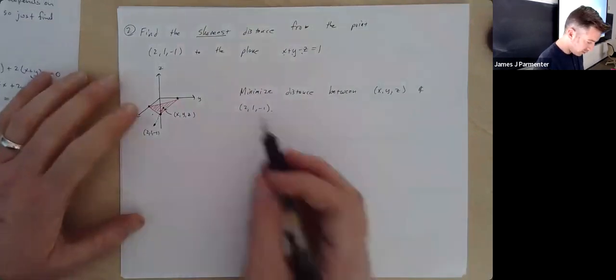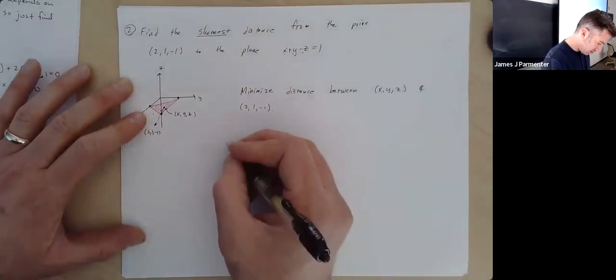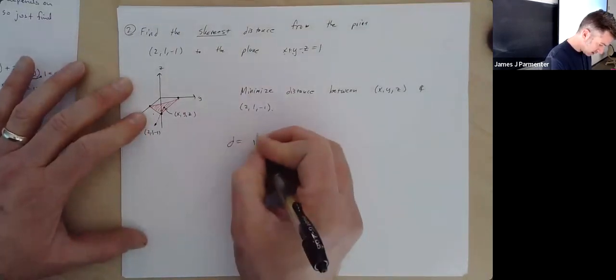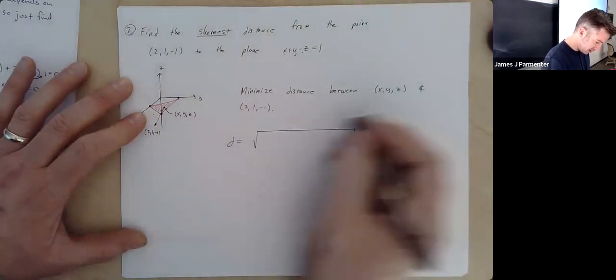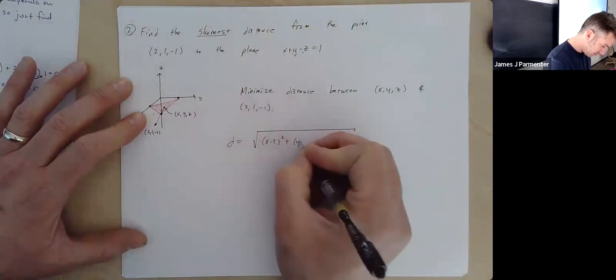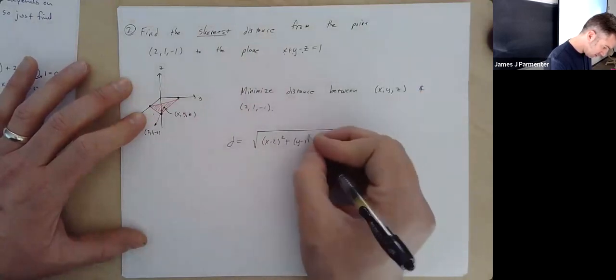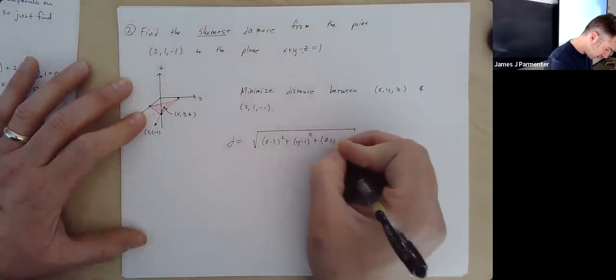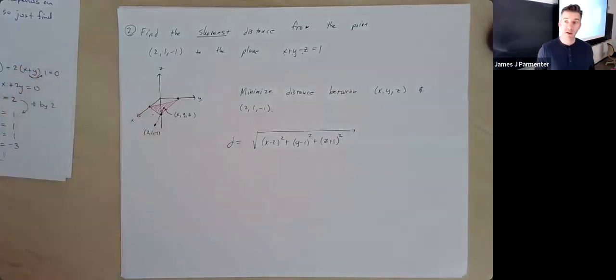So if we're minimizing the distance here, we want to minimize the square root of x minus 2 squared plus y minus 1 squared plus z minus -1 squared. Here's a very, very useful piece of information. Whenever you're trying to minimize a distance between two things, you can actually minimize the square of the distance.